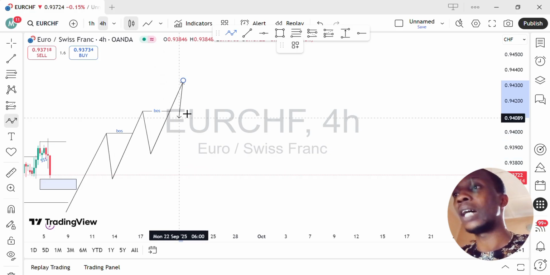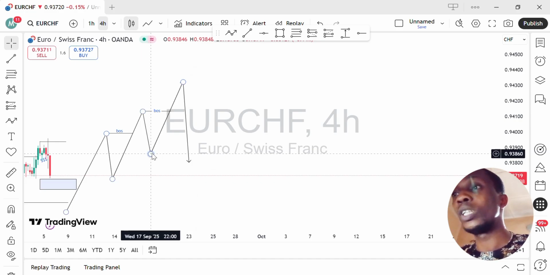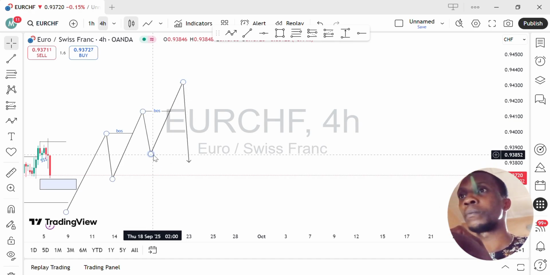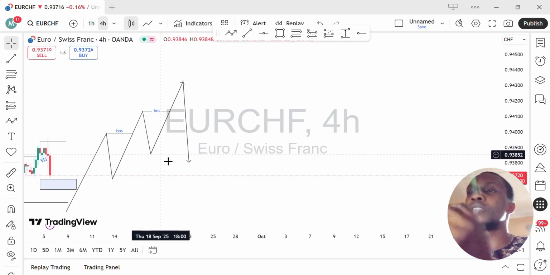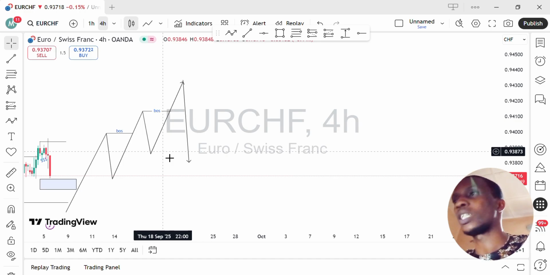If price should come down right here and break it with a body, that gives it a what? A change of character. Change of character means that price is giving a potential change in trend. It has been pushing to the upside, and price wants to change the trend again back to the downside.